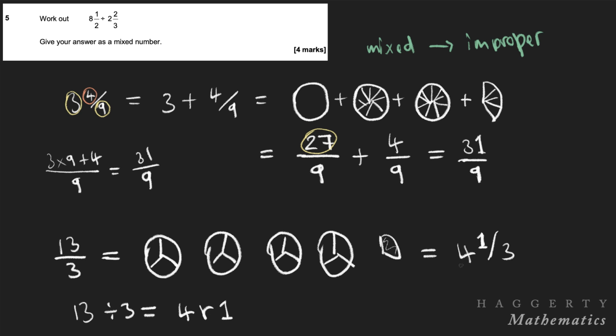This 4 is sometimes referred to as the quotient of this division, and this 1 is the remainder of that division. That goes on top of the fractional part, and that's how you can convert from improper back to a mixed number. That's generally a good way of doing it.